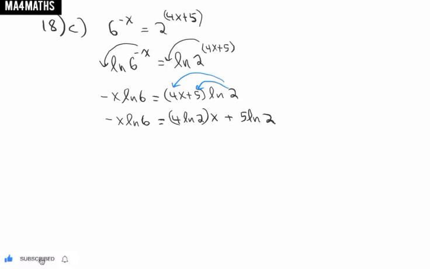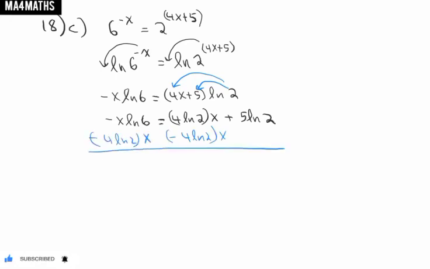So the idea is to solve for x. We have a few options. Suppose I subtract 4 log 2 x, because I want to keep the x's on the same side.